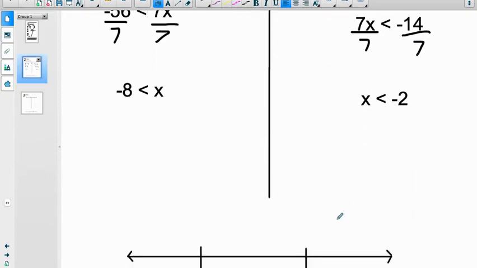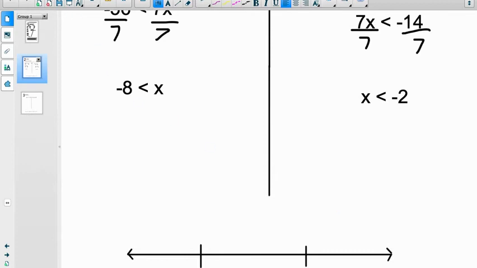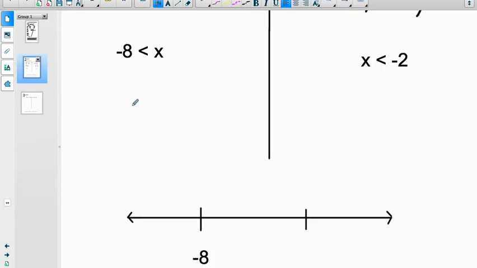Now graphing that is going to look something like this. We got to put our points on the line. And it should always be in numerical order. Negative 8 is smaller than negative 2. Smaller number goes to the left. Then we have x is greater than negative 8.